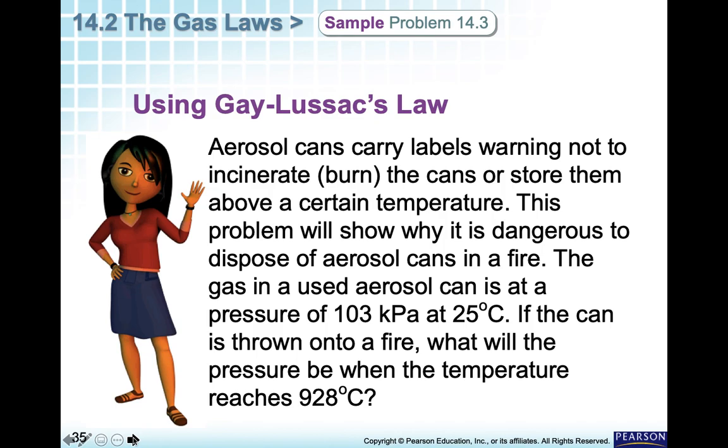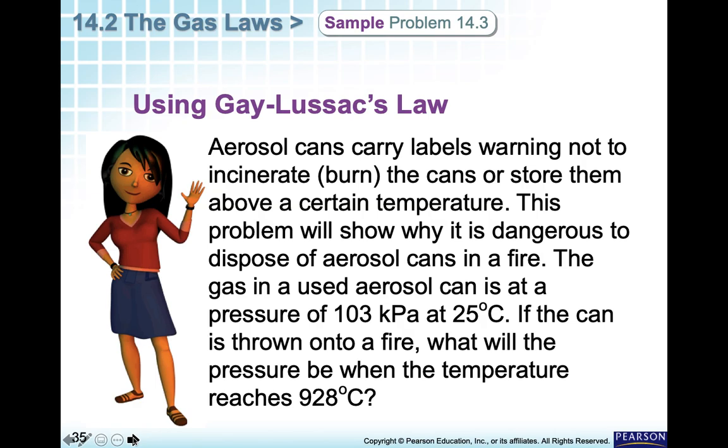So aerosol cans carry labels warning not to incinerate or burn them or store them above a certain temperature, and that's because it will actually cause the can to burst, and when it ruptures, it's very violent and can be very dangerous. The gas used in the can is at a pressure of about 103 kilopascals, which is about 1 atmosphere, and at 25 Celsius.